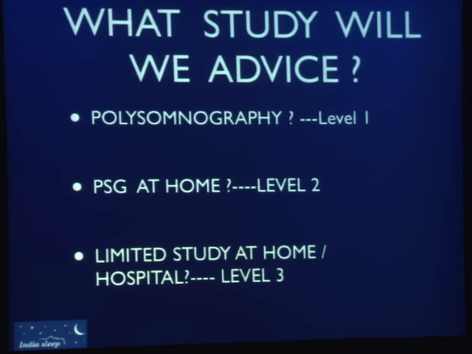If the same thing is done at home, that's called level 2. And if you do only a cardiopulmonary study, whether in the hospital or at home, it's called level 3. That does not have the channels from the EMG, EEG, EOG, etc. It only has the cardiopulmonary parameters.